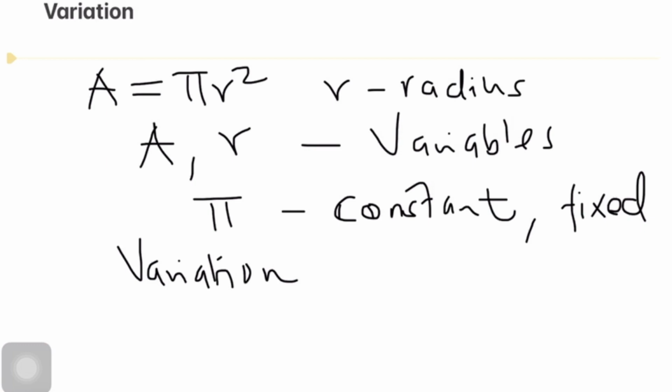As an example, take the formula of the area of a circle, A equals pi r squared, whereby r is our radius. Whenever r changes, A must change.